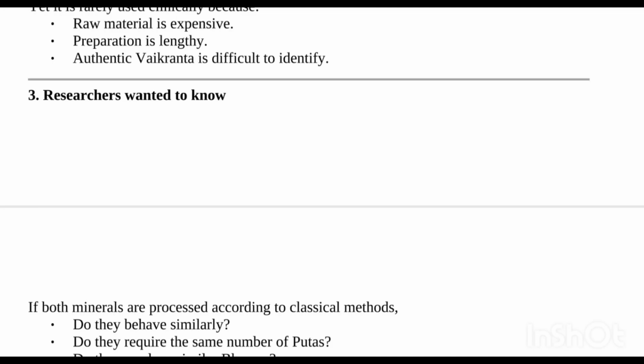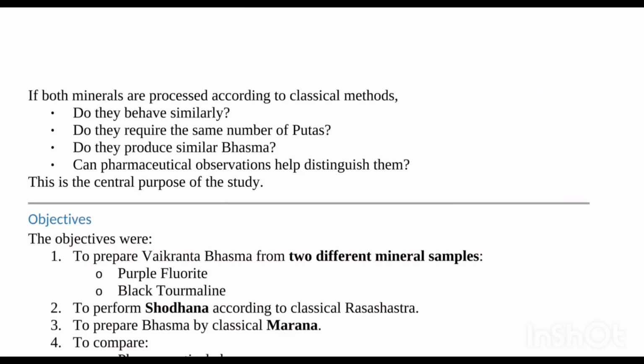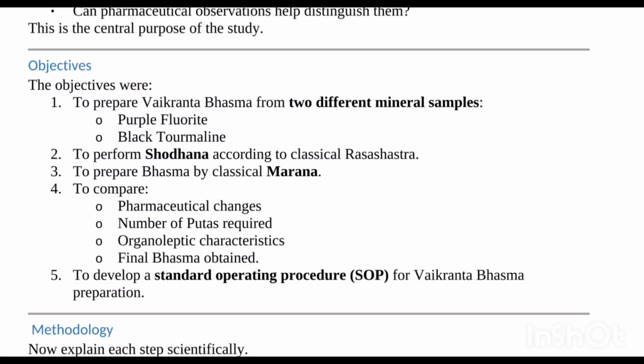So the researcher wanted to know if both minerals are processed according to the classical method: do they behave similarly, do they require the same number of putas, do they produce similar bhasma, or can pharmaceutical observation help distinguish them? This is the central purpose of the study.